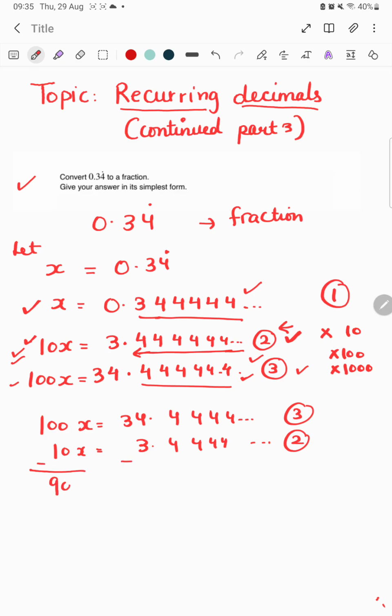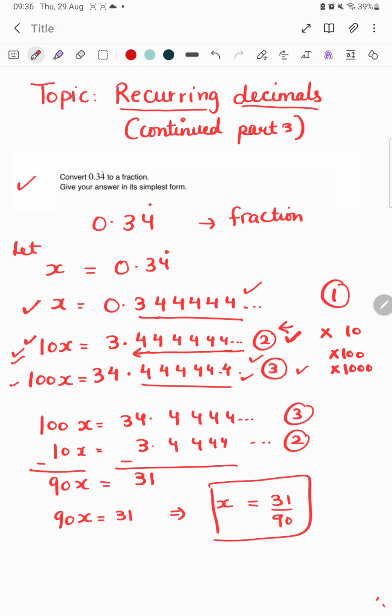I get 90x, and that is equal to 31. There is no decimal part, it's 0.000 basically, so we can drop the decimal point. Now I have 90x is equal to 31. To find x, I divide both sides by 90, so x is equal to 31 divided by 90. So this is the final answer for this question.